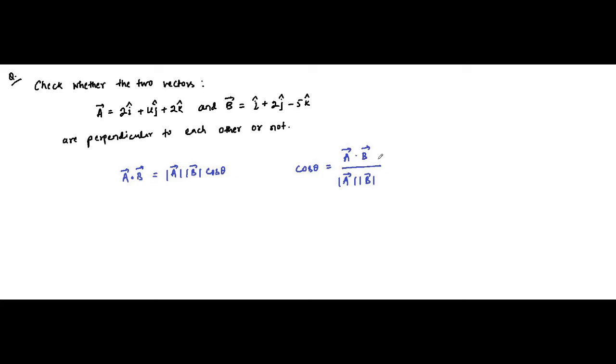This numerator part is very important. Suppose A vector dot B vector is 0, then cos theta equals 0, and that implies theta is equal to cos inverse of 0, which is equal to 90 degree or 270 degree, some odd multiple of 90 degree. Only then it will be perpendicular.